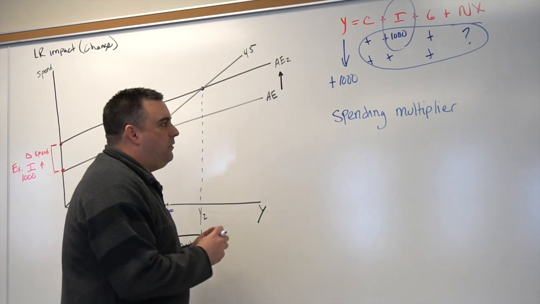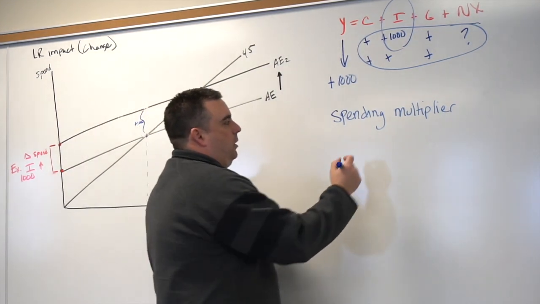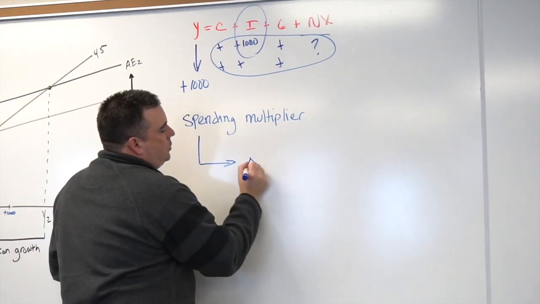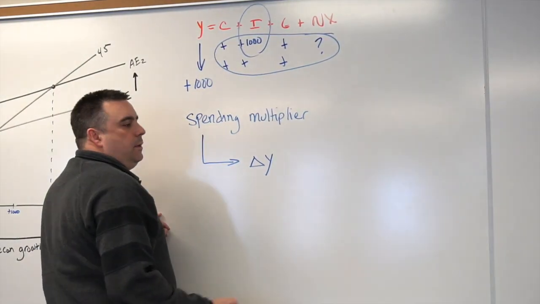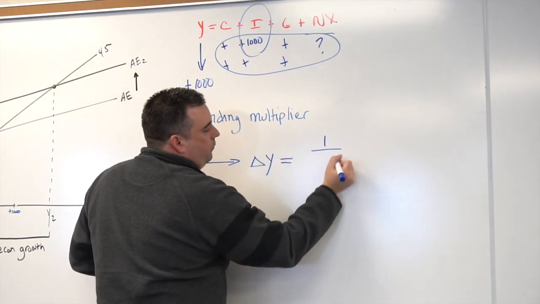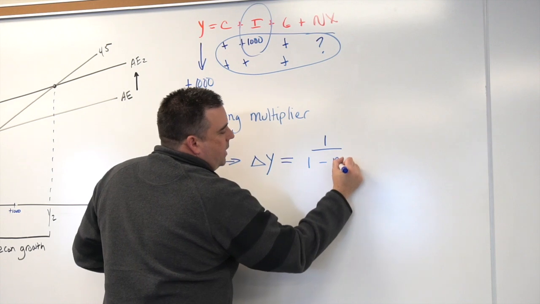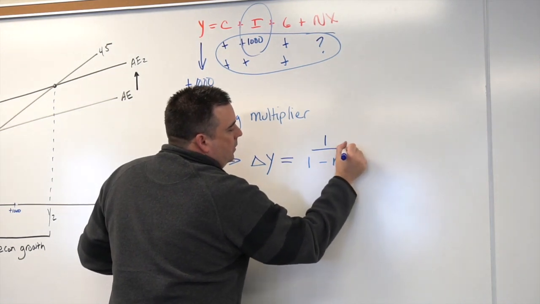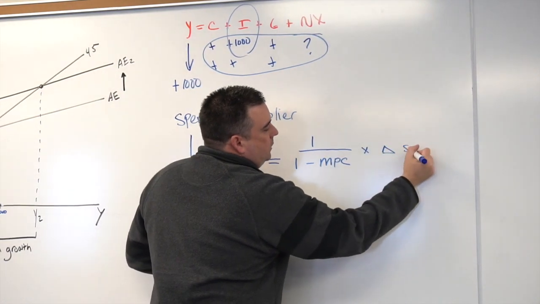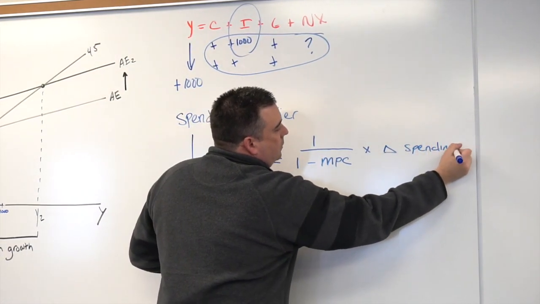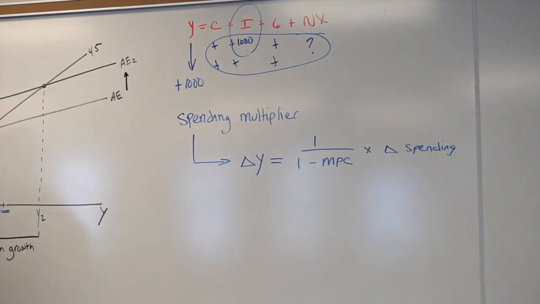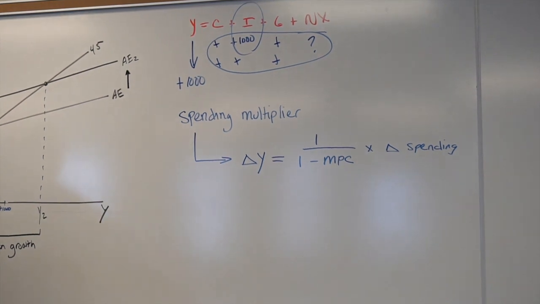So we have an expenditure multiplier formula that shows the change in real GDP is equal to 1 over 1 minus the MPC times our change in spending.